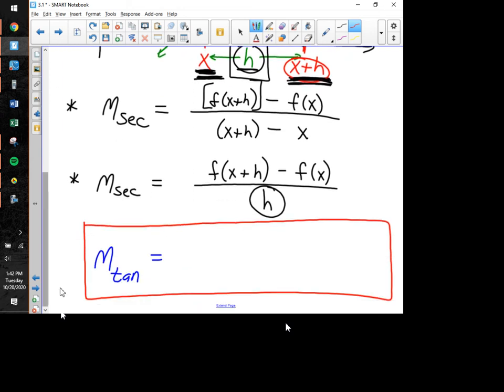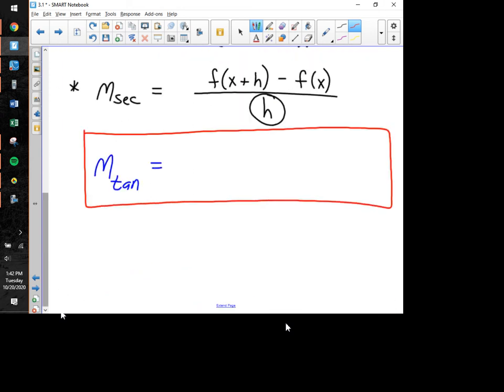Here's the big takeaway from this slide, and really the big concept of the day, everybody. We can take our formula right up here that you see for slope of a secant, and we can turn it into slope of a tangent by taking the exact same formula, guys, although you'll notice I'm leaving some space here. There's a reason for that. f of x plus h minus f of x all over h.